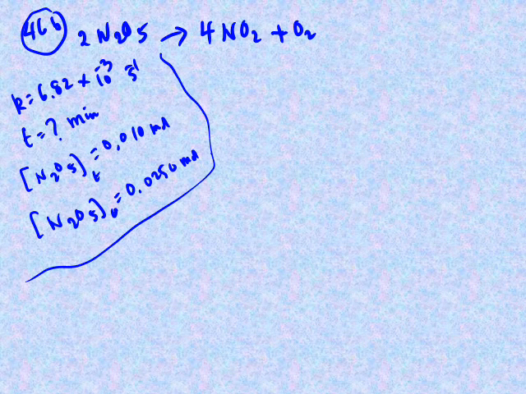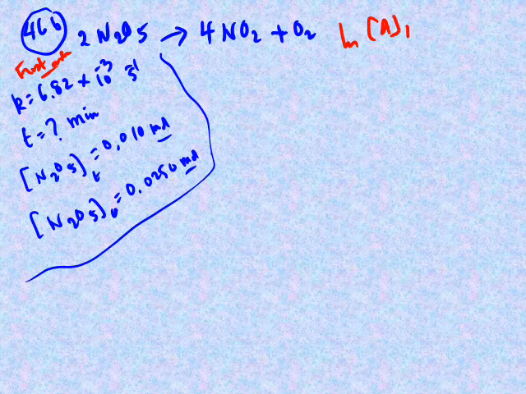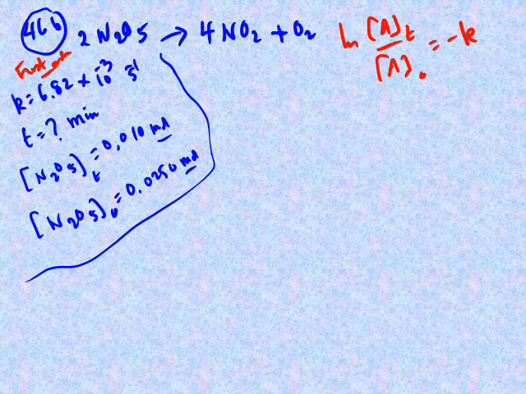Now you might have noticed that I didn't write down my concentration in molarity, rather I wrote it in moles. In this problem it's not going to matter. That was the case also with the last part. I think you're more experienced now, and I'm going to show you why it doesn't matter. So the expression that you're going to apply for a first order reaction, we know that this is first order because they gave you that. Let me first write down the expression: log of A_t over A_0 equals minus kt.